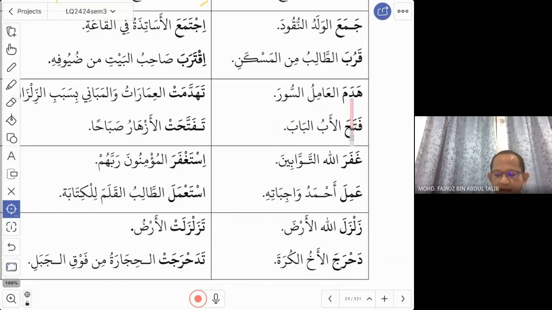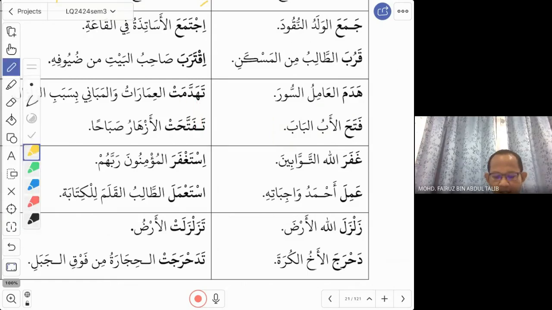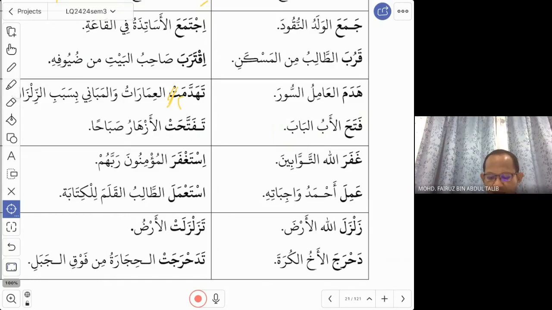And from the fi'l hadama, we can have this fi'l tahaddama. Ignore the last ta. So the fi'il is tahaddama. If you look at the fi'il tahaddama, you still have the ha, dal, and also mim, but you have two additional letters.